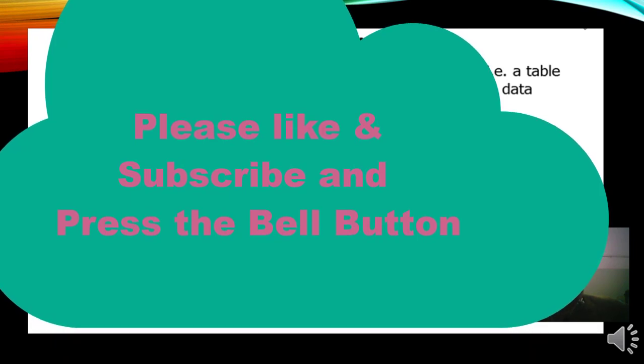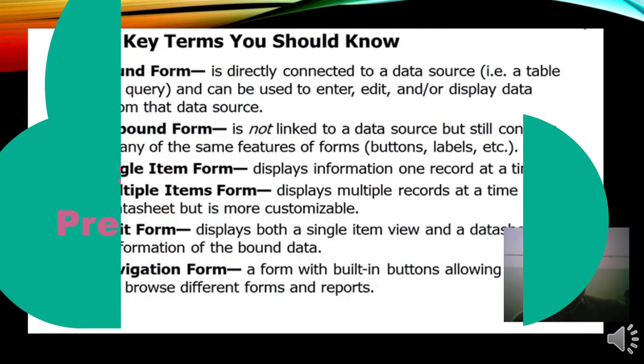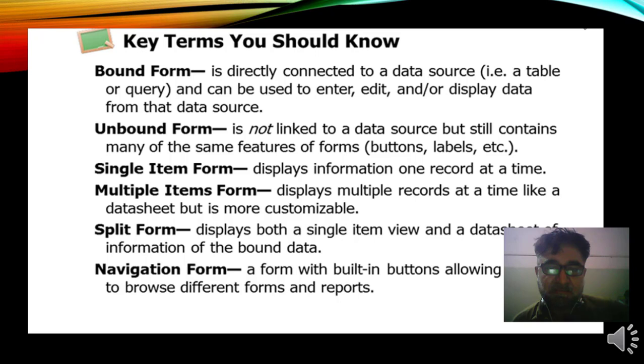Multiple item form displays multiple records at a time like a datasheet, but it's more customizable. Split form displays both a single item view and a datasheet view of information of the bound data. Navigation form, a form with built-in buttons allowing users to browse different forms and reports.